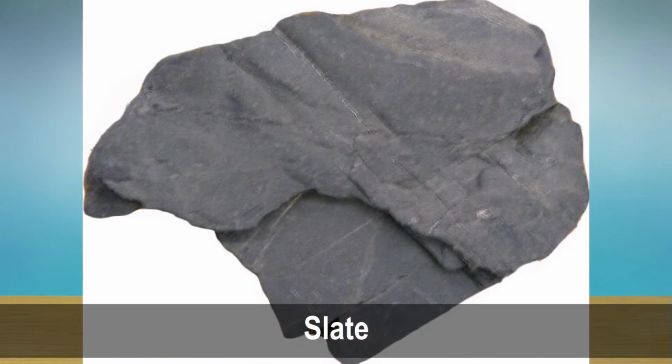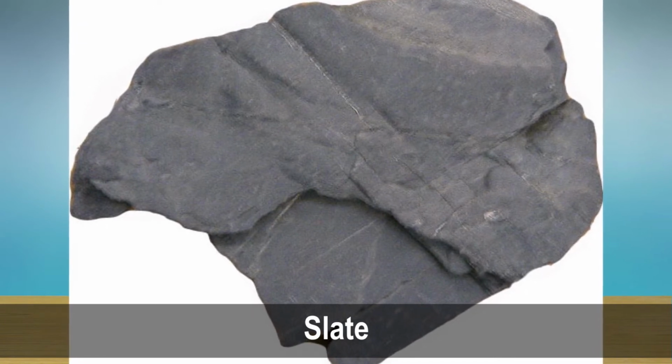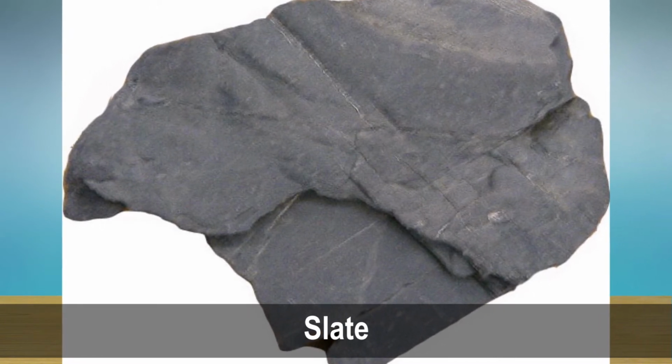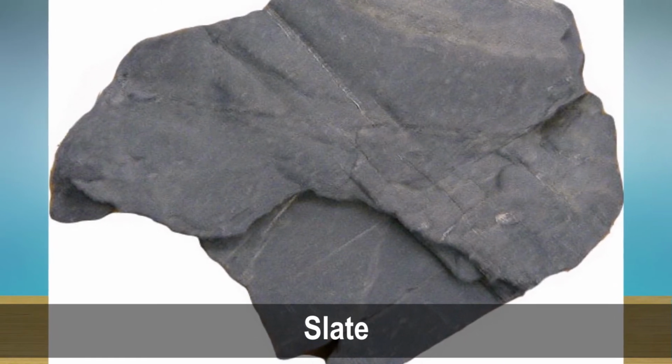Shale is made of clay minerals, and most clays are not very stable under high pressure and temperature. As shale begins to metamorphose, heat and pressure cause the clay minerals to slowly recrystallize into flat mica flakes.